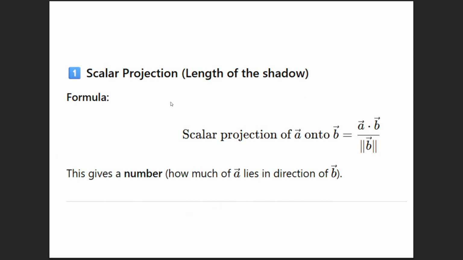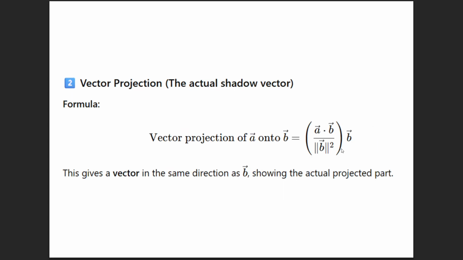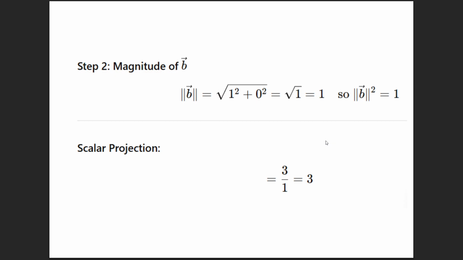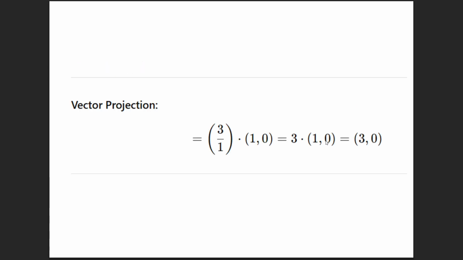So this is the scalar projection, and this formula is here. This is the vector projection, and the formula is here. I have discussed how to work out the example, and that is what is shown here.